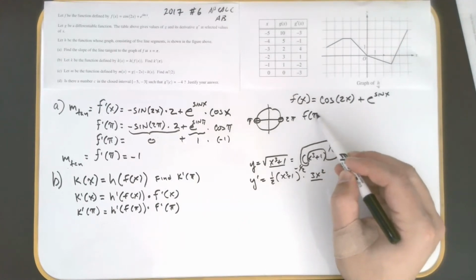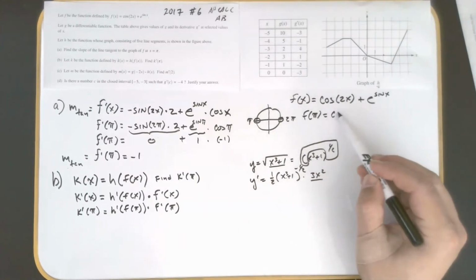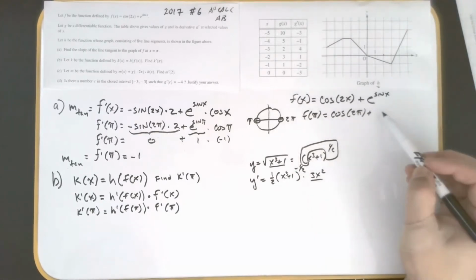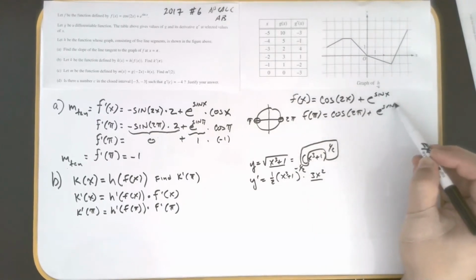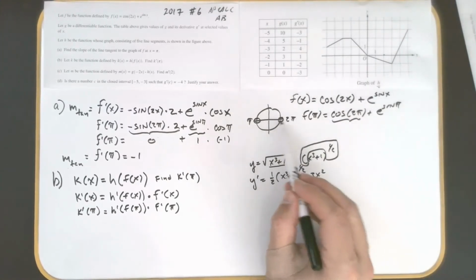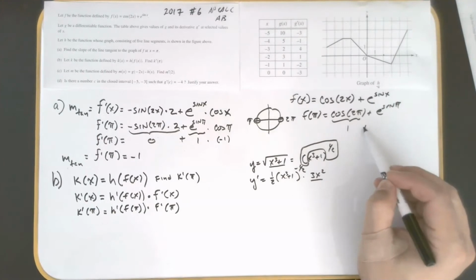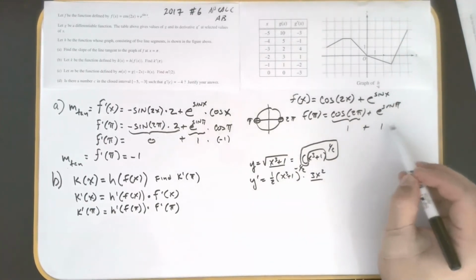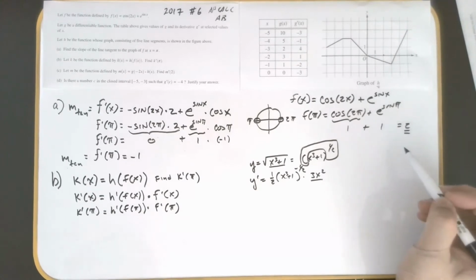I say, well, f of pi is going to be the cosine of 2 pi plus e to the sine of pi. So it looks like the cosine of 2 pi is just 1, plus e to the sine of pi. Well, sine of pi is 0, so this is 1. So it looks like I get 2.